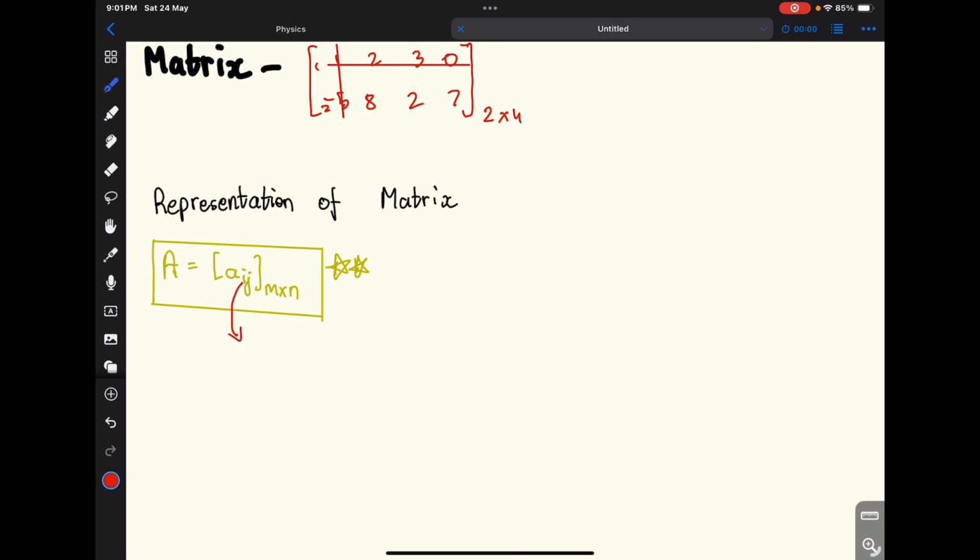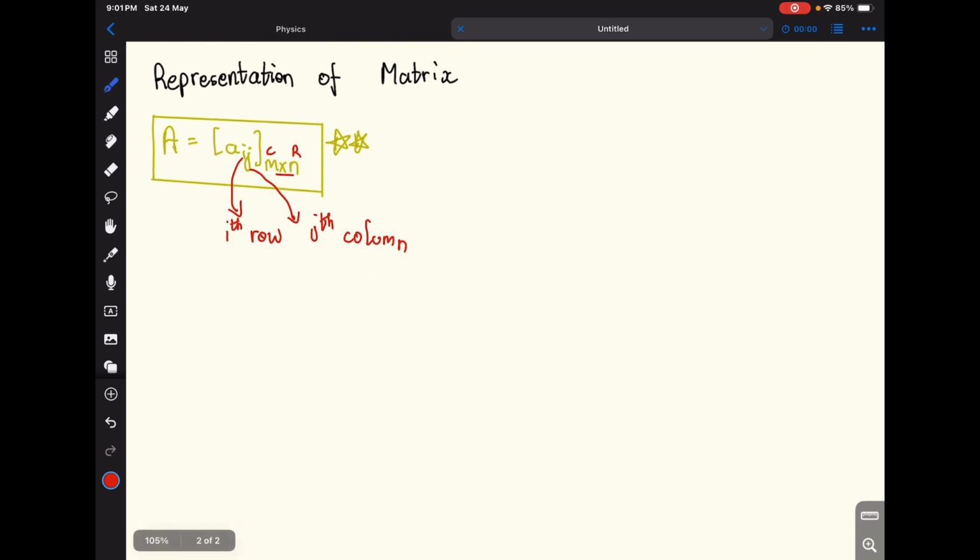I we will call the ith row, and j the jth column. Don't get confused with this x sign. This is not multiplication. This is a way of representing the rows and columns. We know m is columns and n is rows. So this is how we represent the matrix.